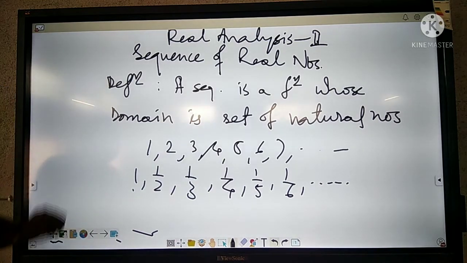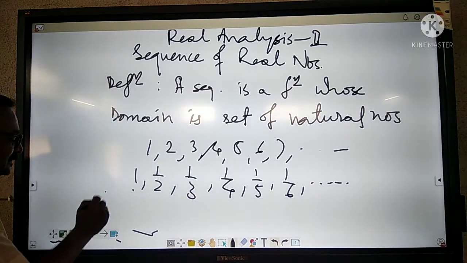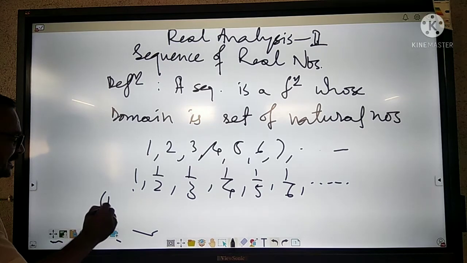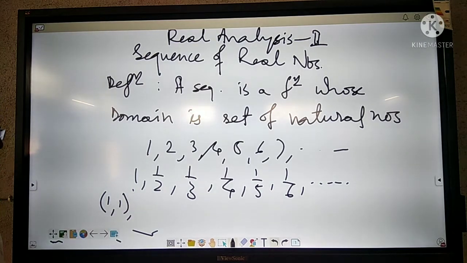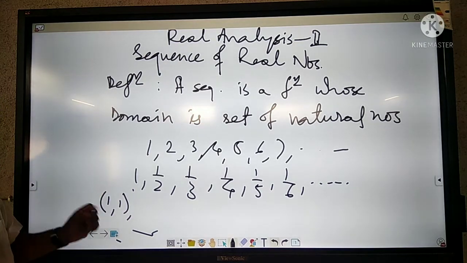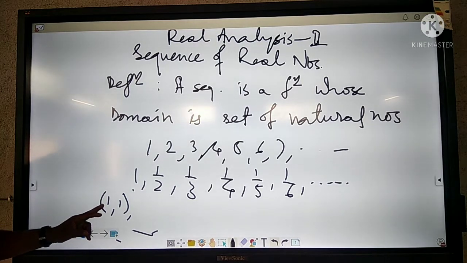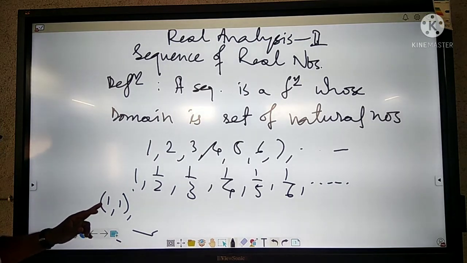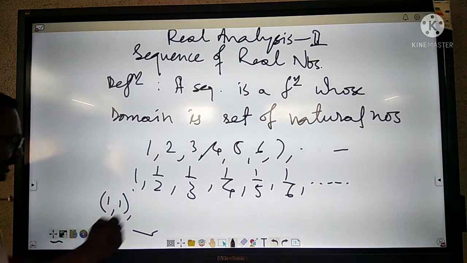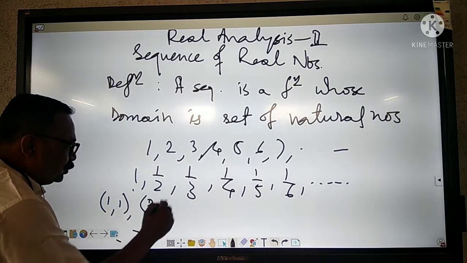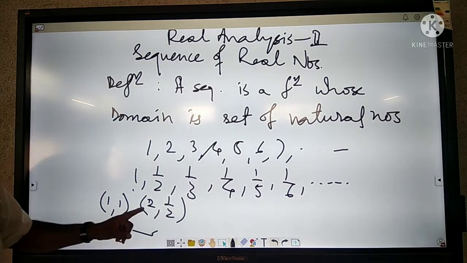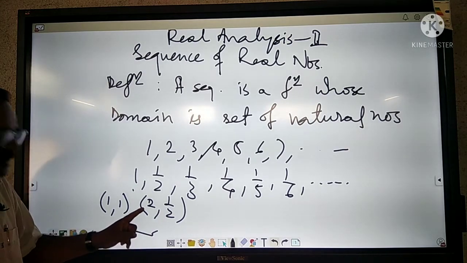This sequence can be written in the form of ordered pairs in this way. (1, 1) means the first term of the sequence is 1; the first number stands for the first term. The second ordered pair is (2, 1 by 2); it indicates that 1 by 2 is the second term.